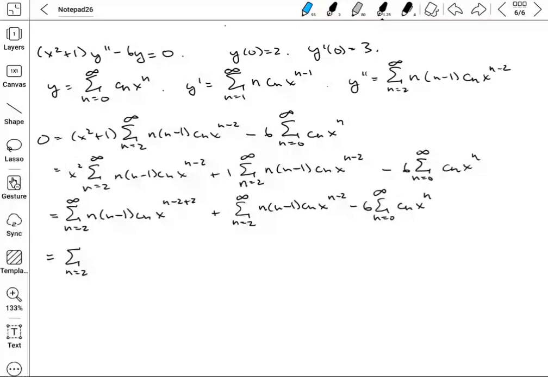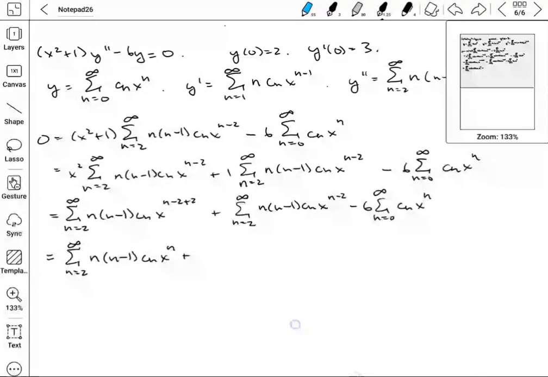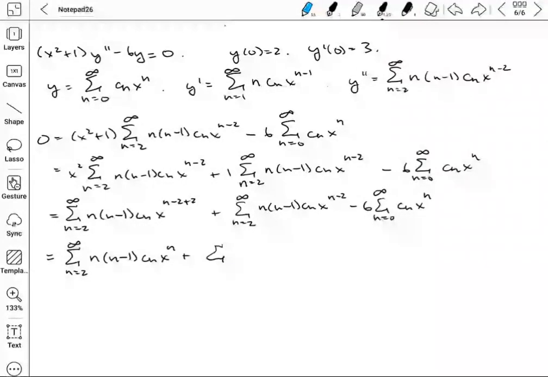Now, when we simplify this first term, the x to the n minus 2 plus 2 is just going to become x to the n. And so we're going to want to turn every series into the power x to the n, because the first and last ones are that way. So if we want this middle series to be x to the n, then we're just going to change everything that multiplies it.